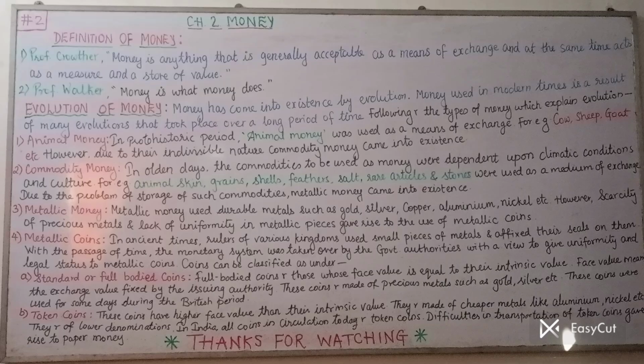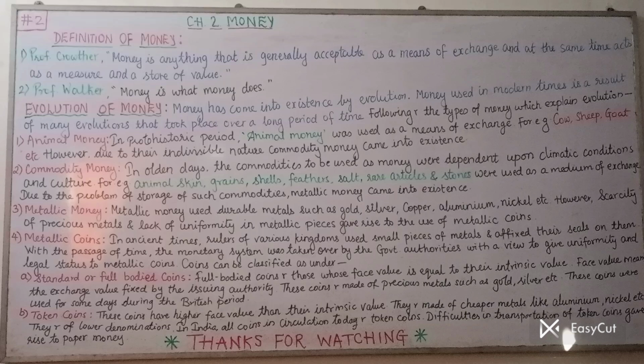With the passage of time, the monetary system was taken over by the government authorities in order to bring uniformity and give legal status to the metallic coins. Because what used to happen was different kingdoms, different kings, used to put different kinds of seals on different metals, and then again some difficulties were faced, that this metallic coin will not work in this state.